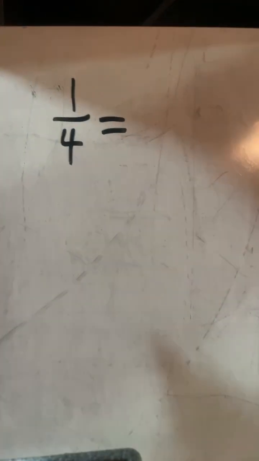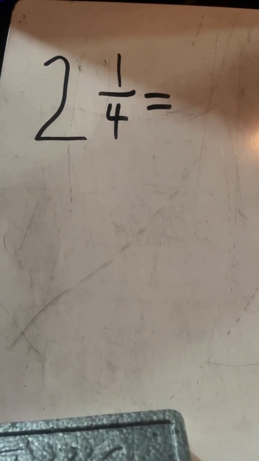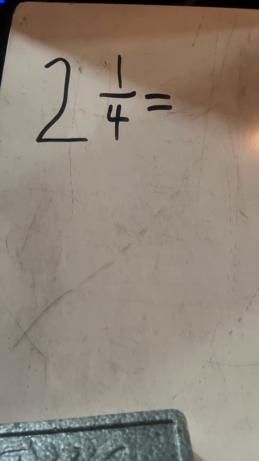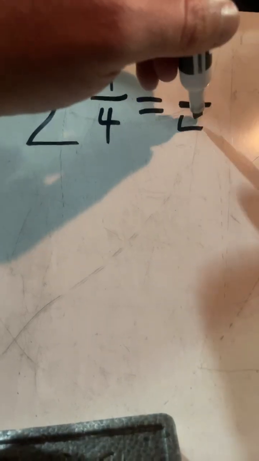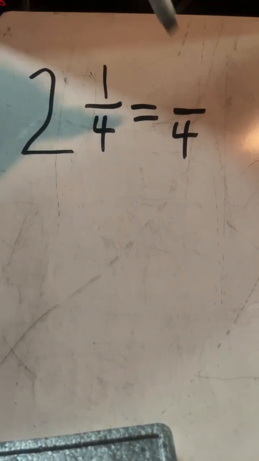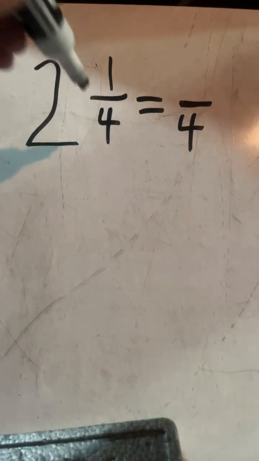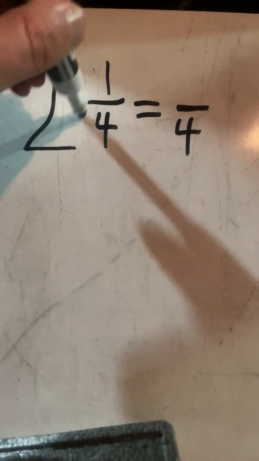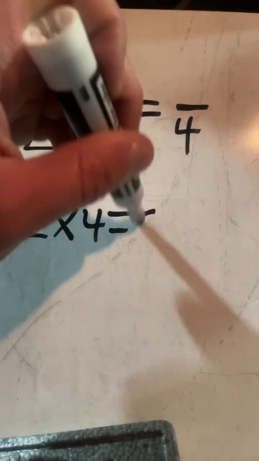You make the whole number a little bigger so it's distinguished. Step one, whatever the denominator is, we keep that the same. Now to find our numerator, the top number in the improper fraction, we multiply the denominator times the whole number. 2 times 4 equals 8.